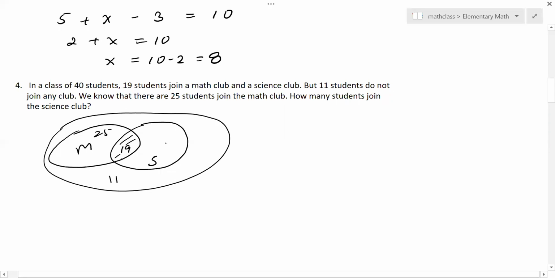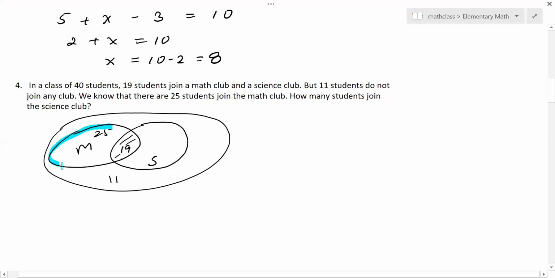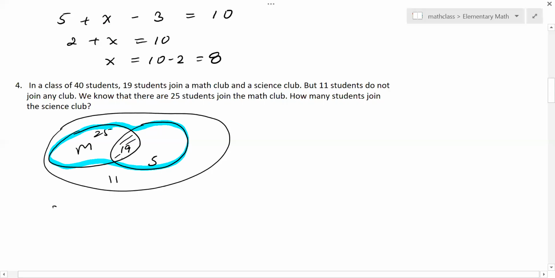So how can I calculate the total number of students? First of all, you have to find the number of students in this group, who join either the math club or the science club or both. So the number of students will be 25 plus S. Because 19 students join both clubs, they are counted twice when you add them together, right?